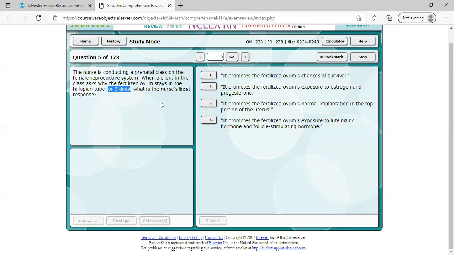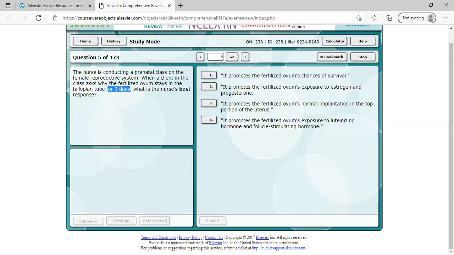The ovary secretes the ovum, and the ovum is fertilized by the successful sperm, and they unite and make a zygote.